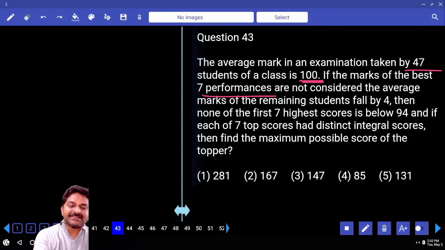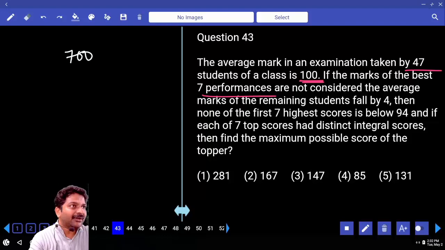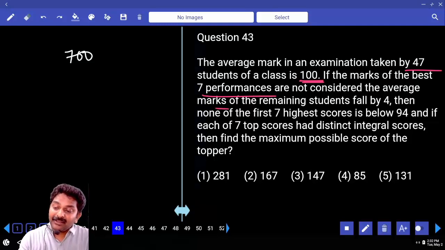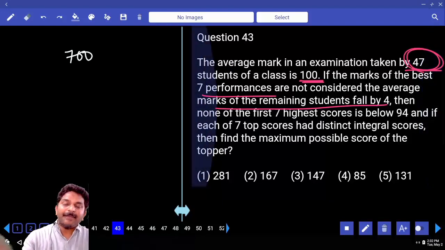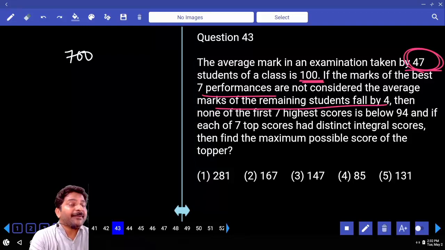If those 7 performances are also 100 each, according to the equality concept, 7 each 100, that means if 700 is taken out from the total, for the remaining, the average must be the same as before. But what happened to that? For the remaining students, the average fell by 4.